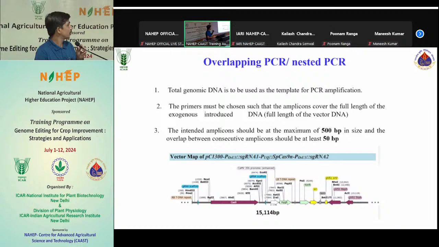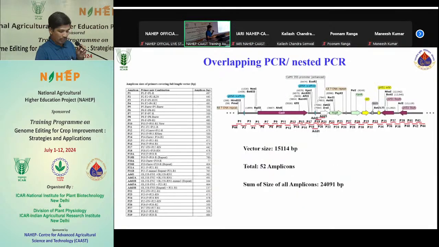As per the SOP procedures, you have to cover the whole vector, so they mention each amplicon. I'll explain. Each amplicon should be at most 500 bases.